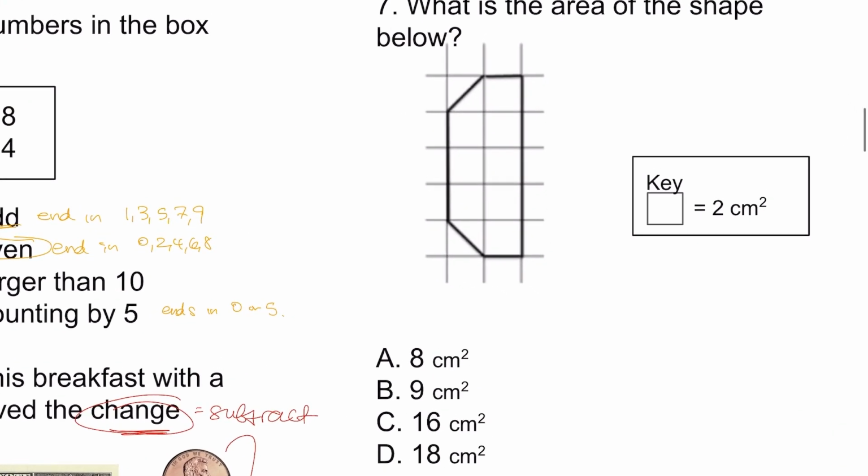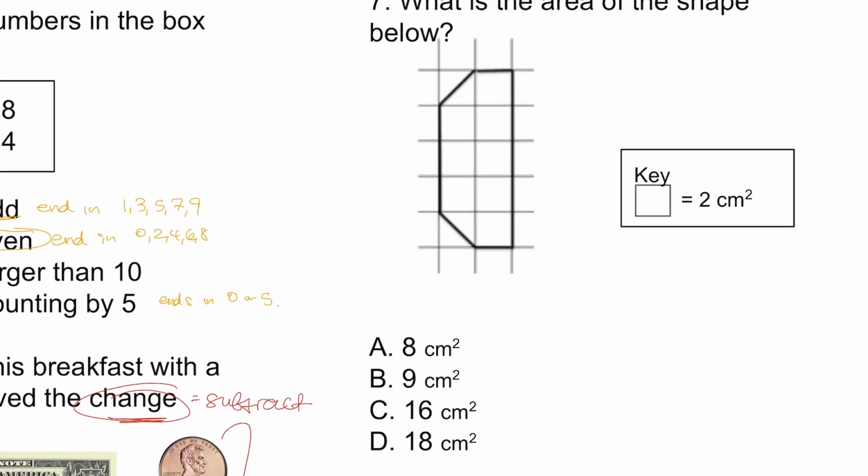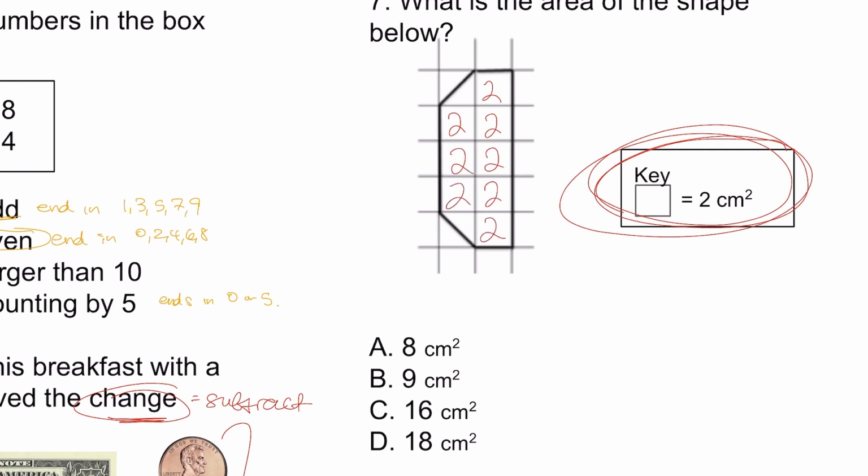Next, for number 7, what's the area of the sheet? The most important part here is the key, and this key says that each of these boxes is worth 2 square centimeters. So you have 2, 4, 6, 8, 10, 12, 14, and 16. So you have 16 square centimeters so far.